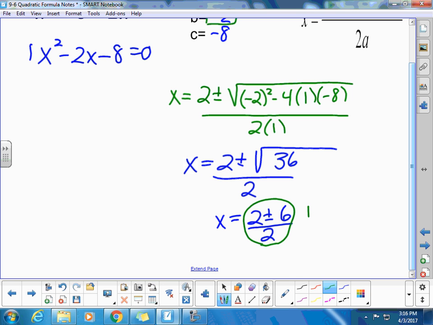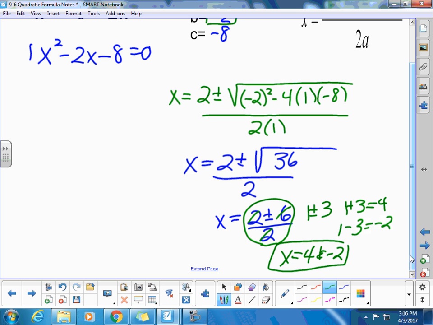I could say it was 1 plus or minus 3 if I divided everything by 2, which 1 plus 3 is 4. 1 minus 3 is -2. So my x would equal 4 and -2.